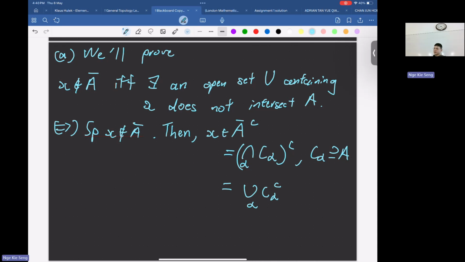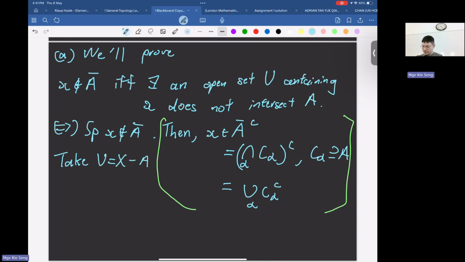A complement? A closure. There's an obvious closed set here, right? A closure. Okay, let's bracket this first. I'm not sure whether to use this or not. So if you consider A closure, take U to be the complement of A closure.